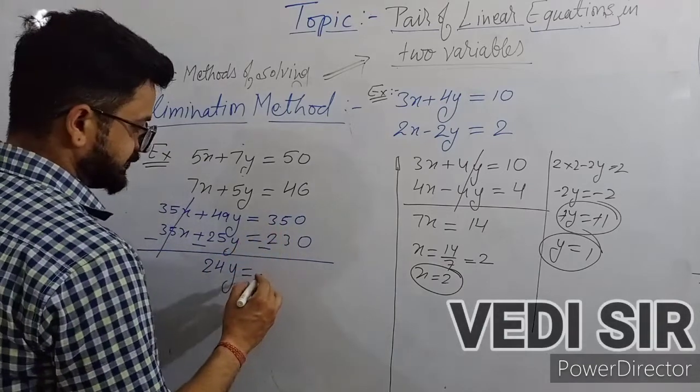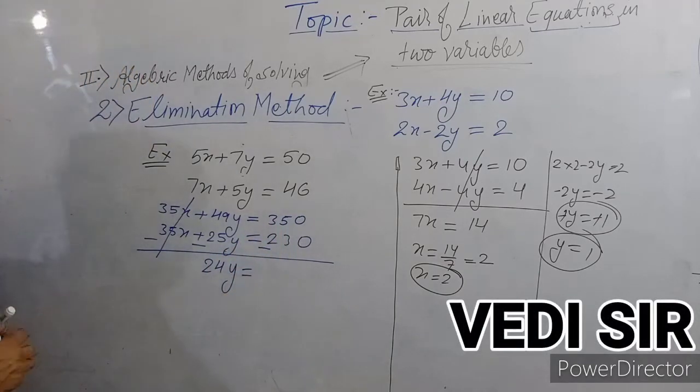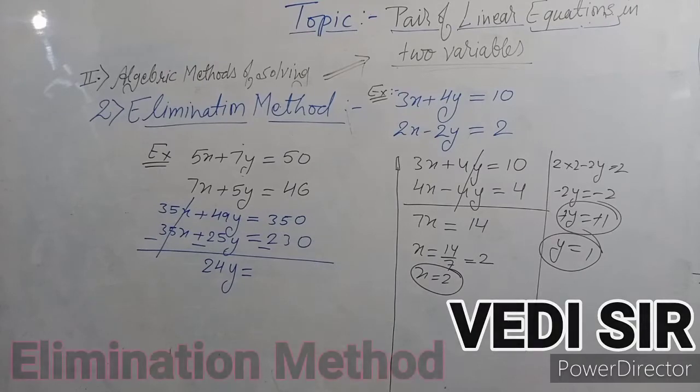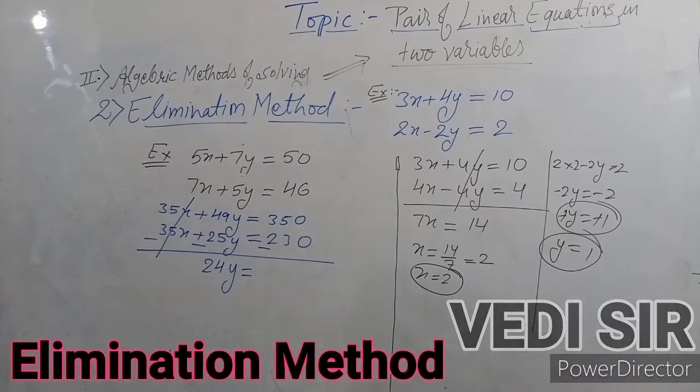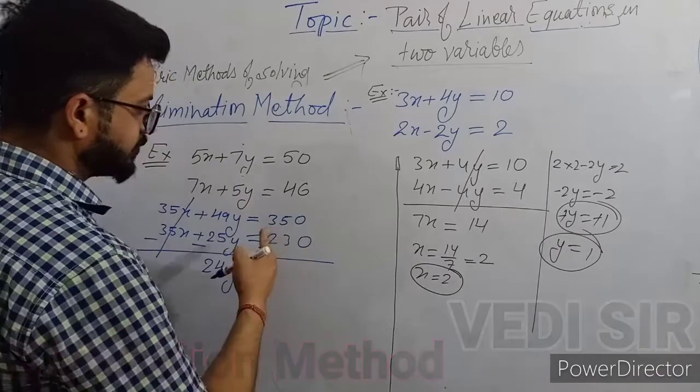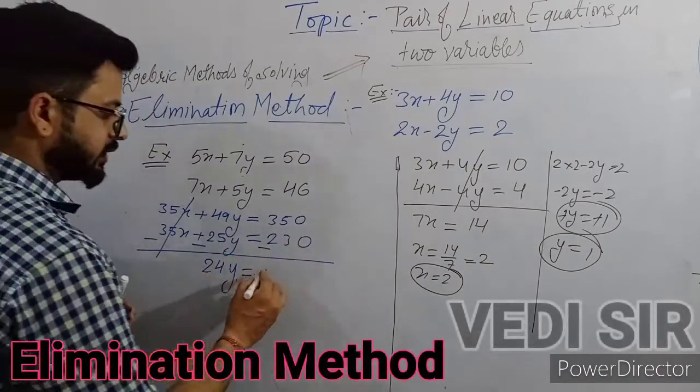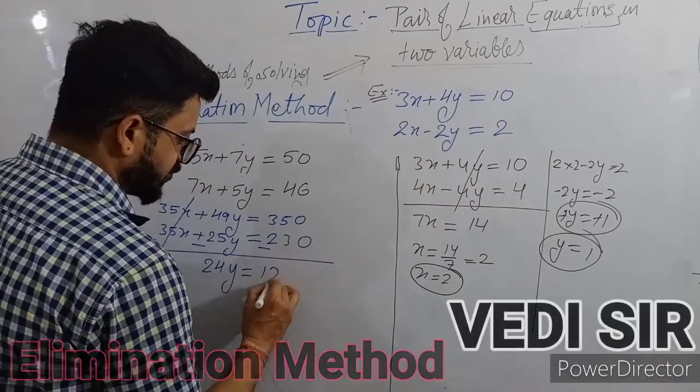Now here 72 should come. So I multiplied by, wait. So we will subtract, and then 350 minus 230, 120 will come.